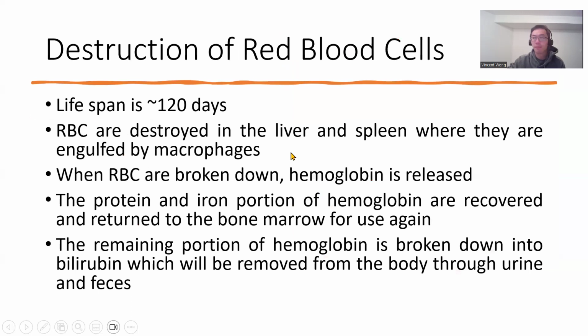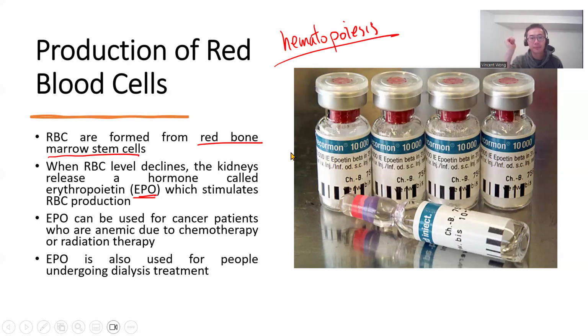So, Vincent, I have a question. Can we say whoever gets dialysis because their kidney is not functioning to produce this EPO, they get this EPO as well? I didn't clarify enough. Okay, so dialysis is not because the kidney doesn't make EPO.